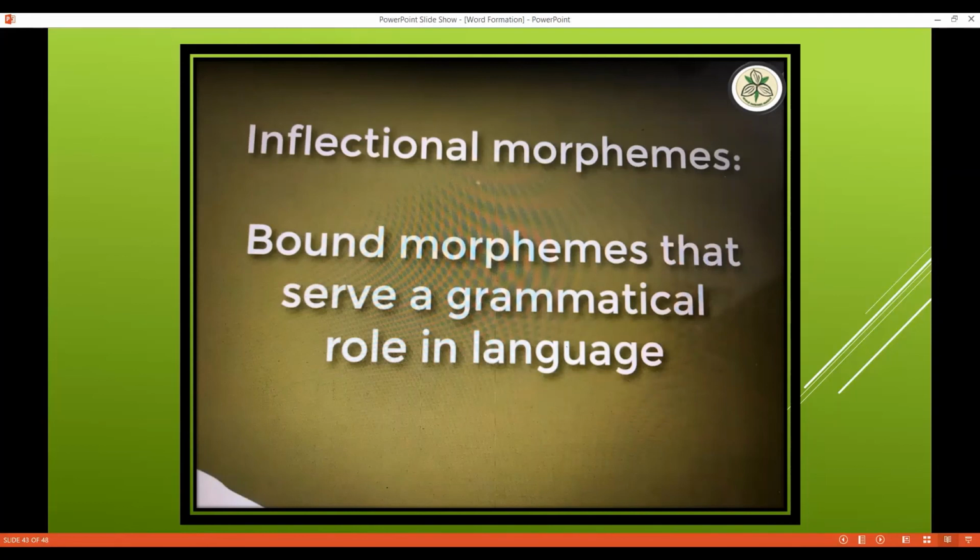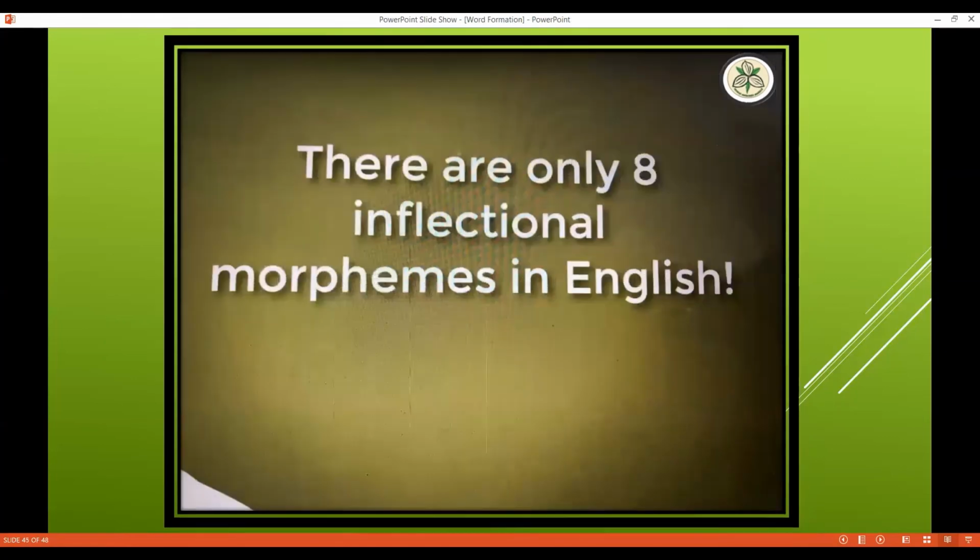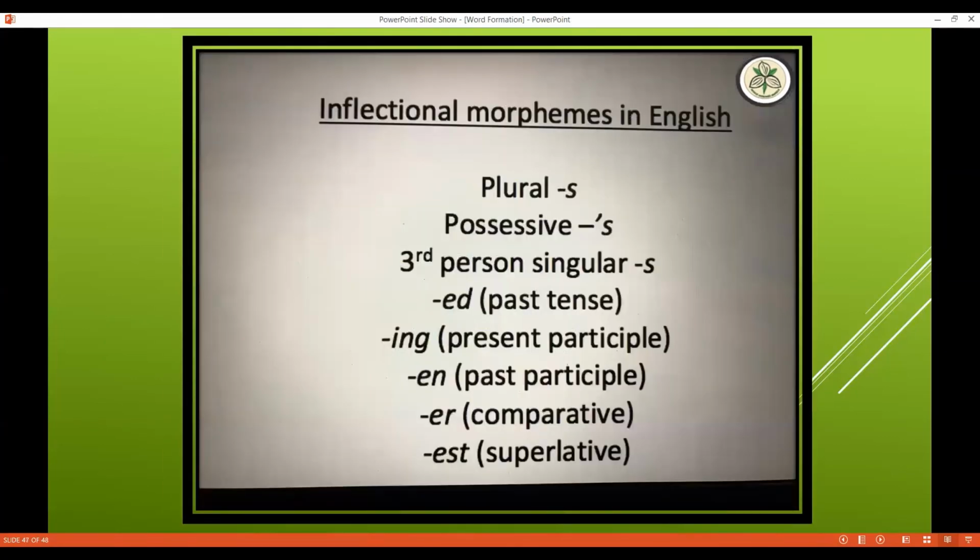inflectional morphemes in English, and they are displayed on your screen now. So we have the plural s, which denotes more than one, the possessive s, often written as an apostrophe and then s. We have the third person singular s, such as in the phrase she walks.